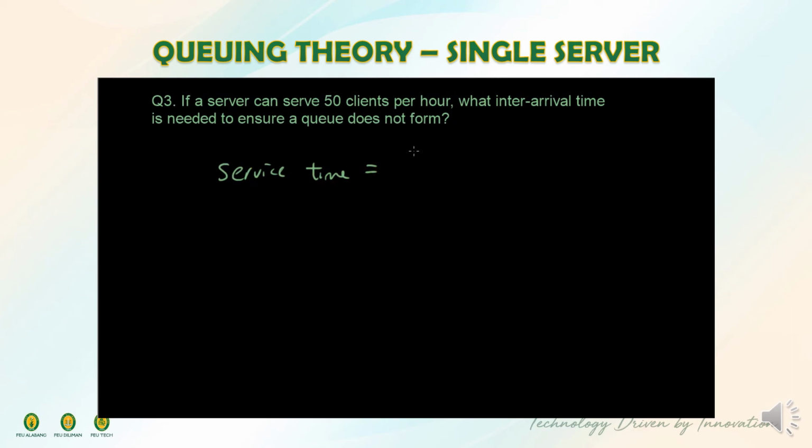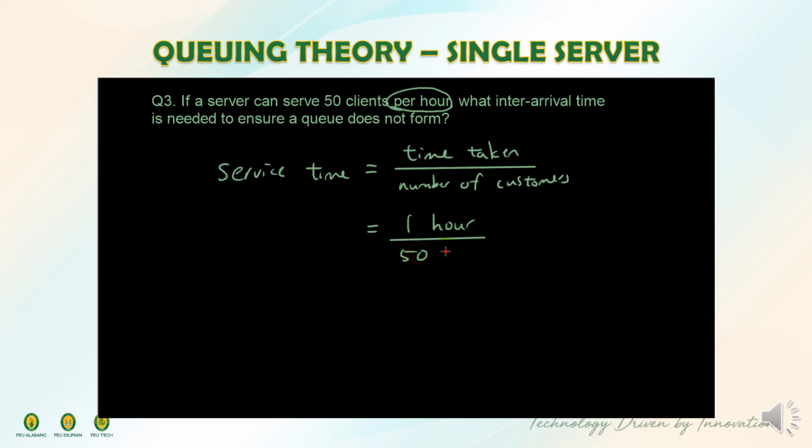It's the time taken to serve some customers divided by the number of customers. So we have the time taken, 1 hour. It took them 1 hour to serve 50 customers.